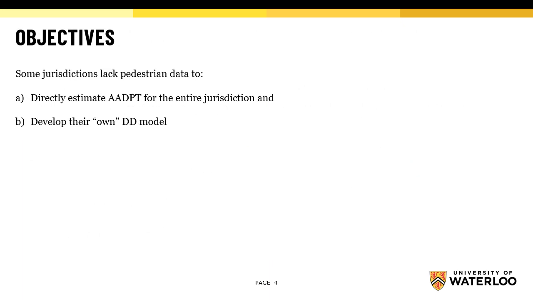Some jurisdictions lack pedestrian data to directly estimate ADPT for the entire jurisdiction and to develop their own direct demand model. So the main objective of this research is to evaluate if the direct demand models that were developed in other jurisdictions can be transferred to other jurisdictions.